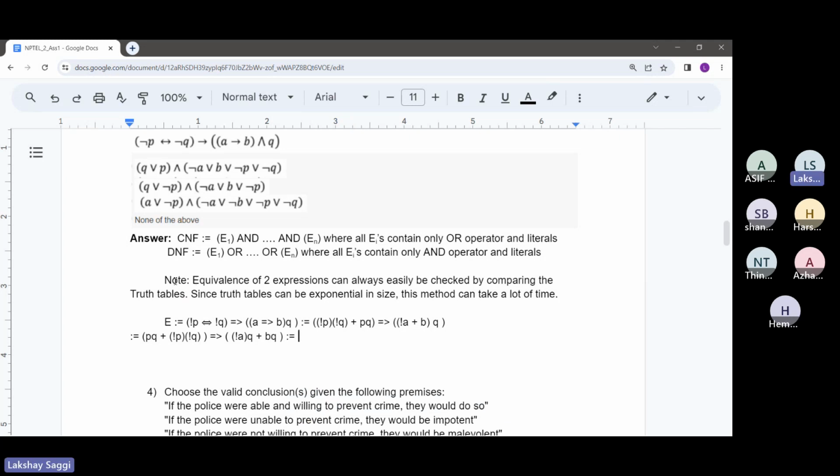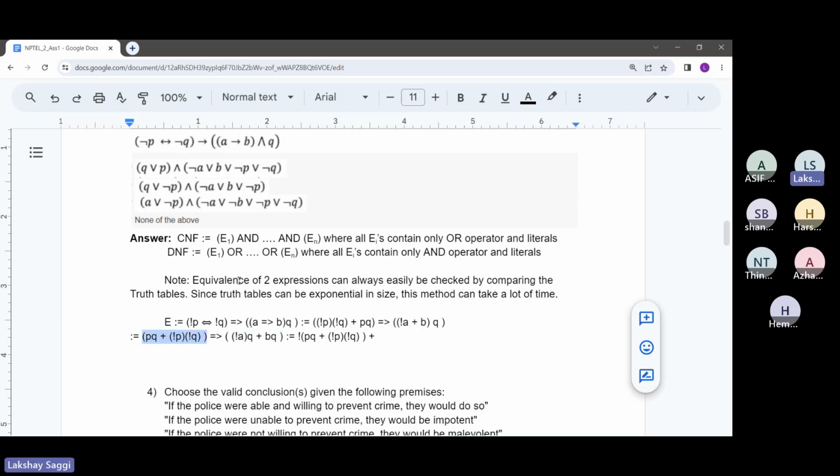From this, what can be done is I'll now try to remove this implication sign. E1 implies E2 is nothing but not of E1 plus E2.